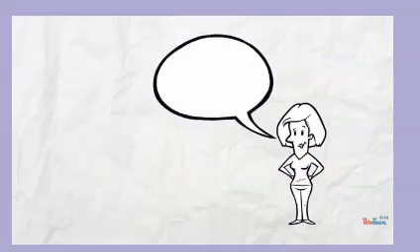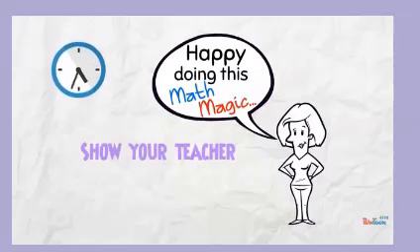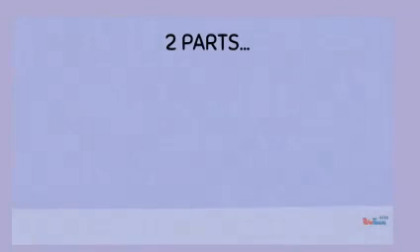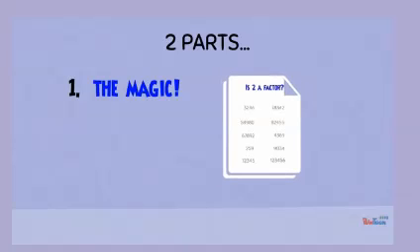Now, if you are happy doing this math magic trick, it's time to show your teacher on paper. There are 2 parts to the work. Firstly, the magic part. You will be given a worksheet. Put a check mark beside each number that you think is divisible by 2 without a remainder.